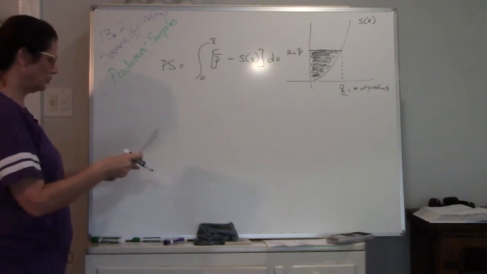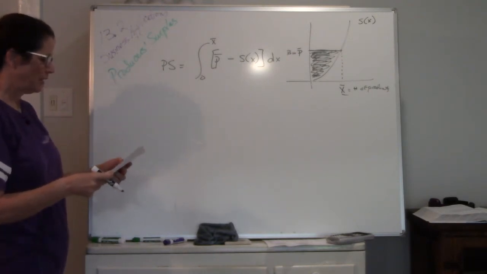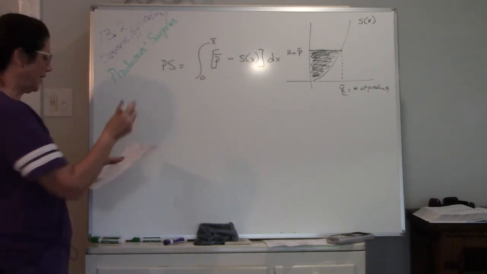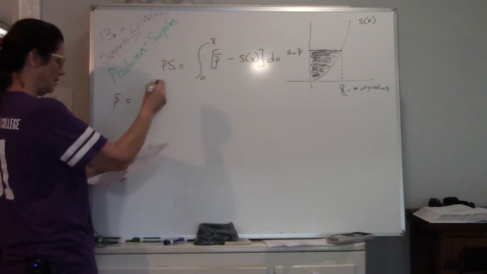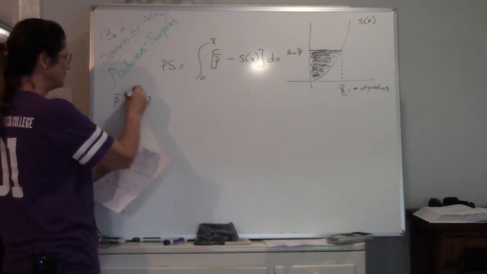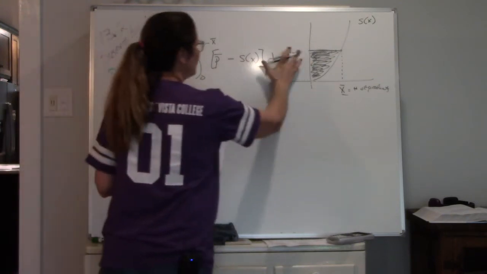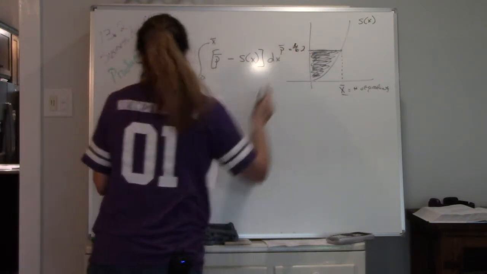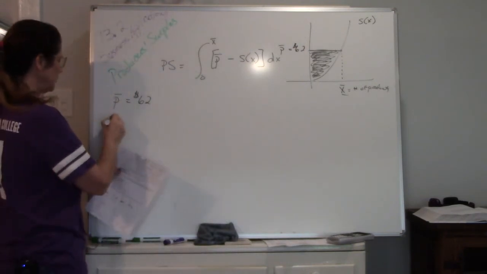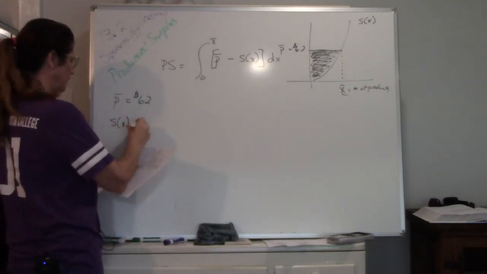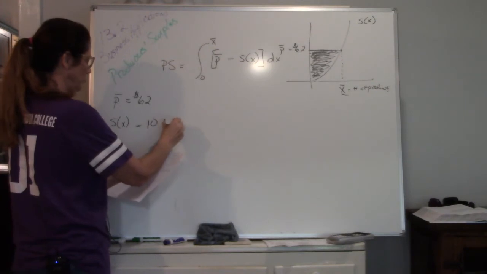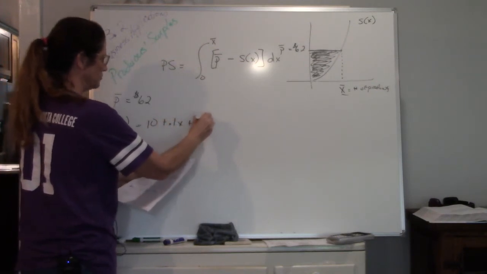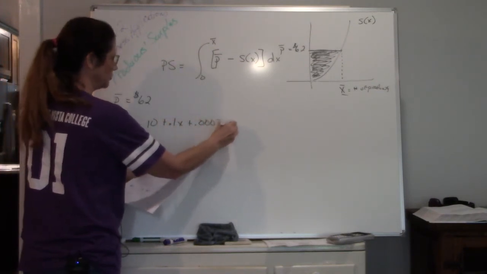All right, so here is an example. Find the producer surplus at a price level of $62. That's this value right here, so our P bar is $62. Our surplus equation is 10 plus 0.1x plus 0.0003x squared.